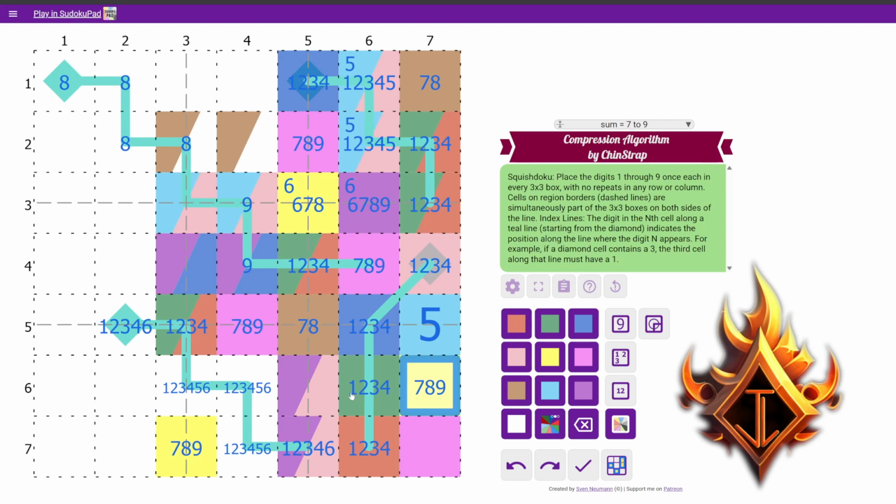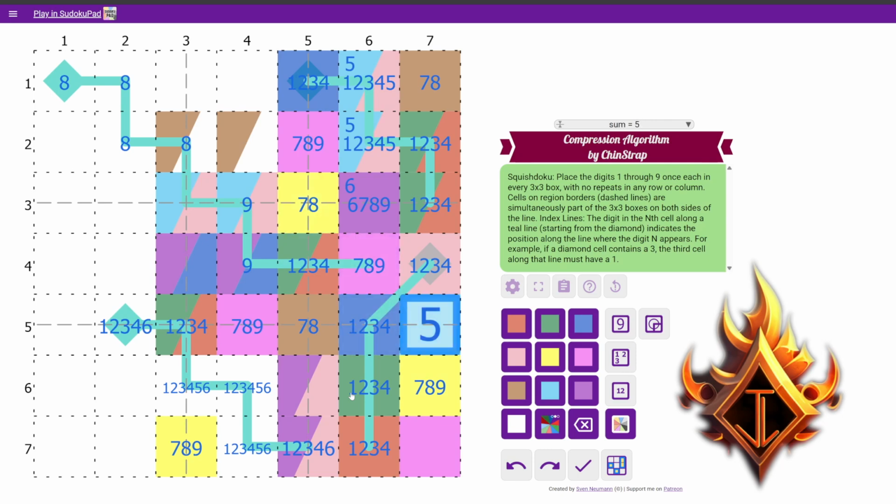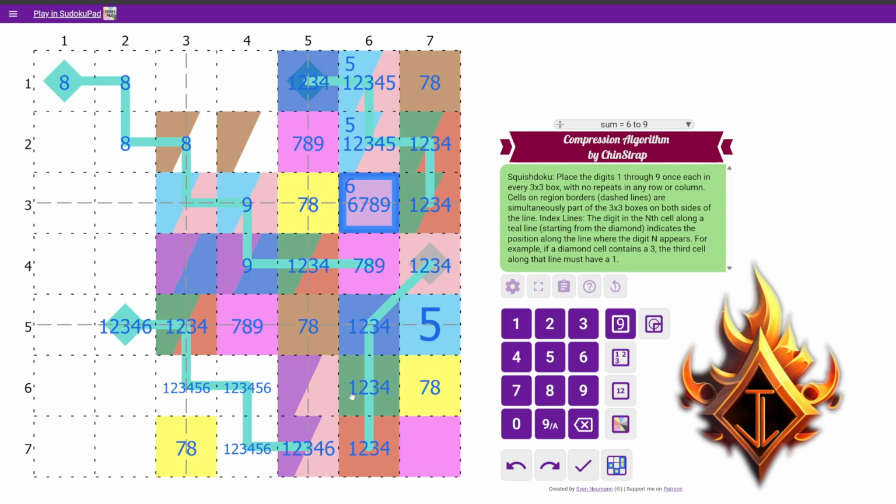Now we have our 6. Oh my. Oh, and yellow's only 7 or 8. Ah, and now we got 2 digits out of that. So it makes dark purple 6.